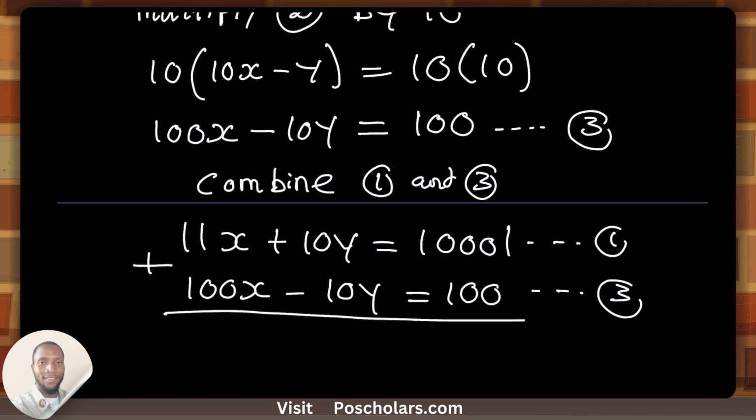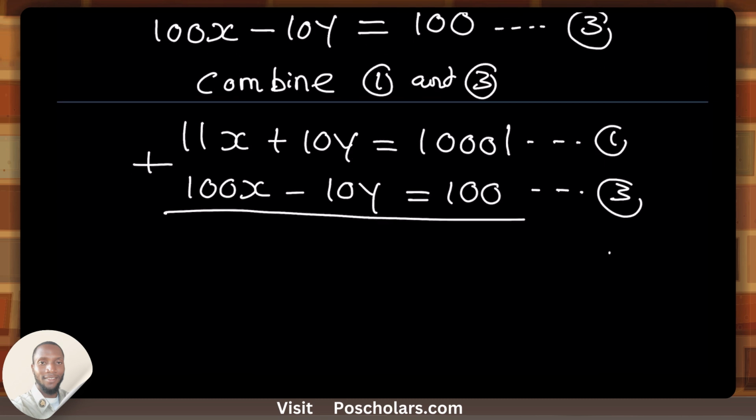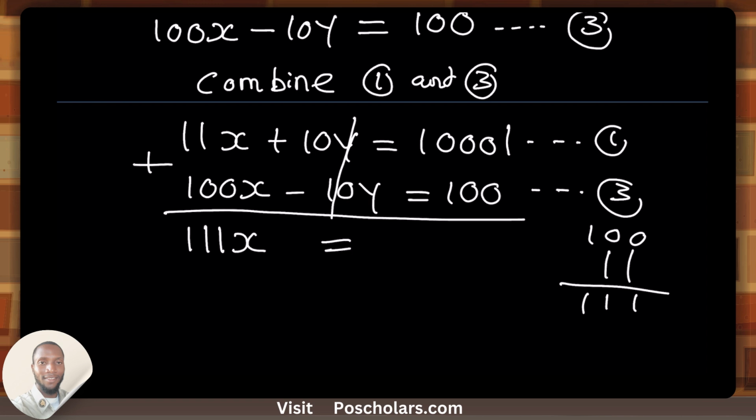So let's do that. 1x plus 100x, what do we have? Let's add it somewhere here. 100 plus 1, that's 101. So when you add it, you have 101x. Then if you add 10y plus minus 10y, it gets eliminated, right? So everything here has become 0. So equals to, we add this 10001 plus 100.